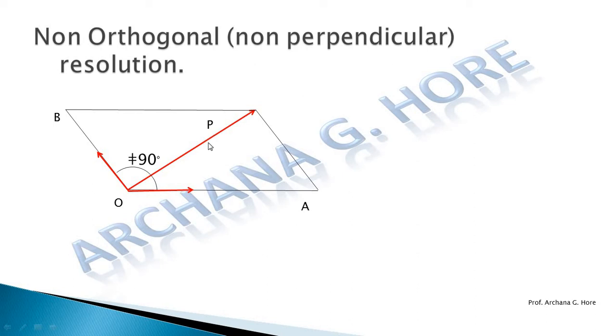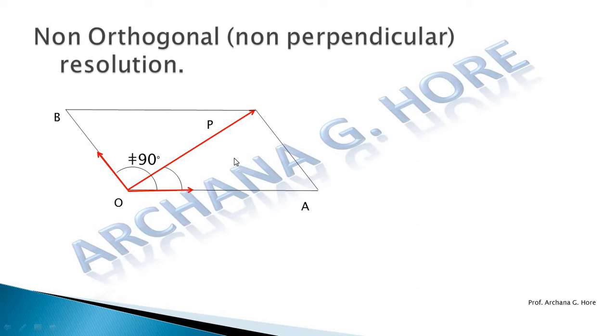Now this force P divides this parallelogram into two triangles. So choose any one triangle, the above triangle or below triangle, and find out the angles of the triangle. Some angles are given directly in the numerical, and we can get the remaining angles by the properties of a triangle.